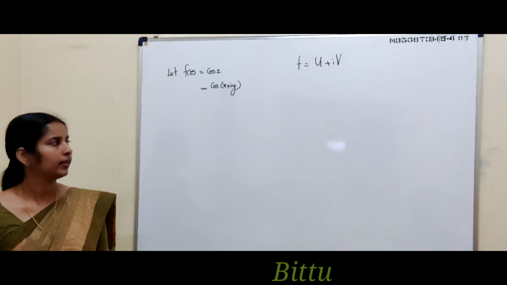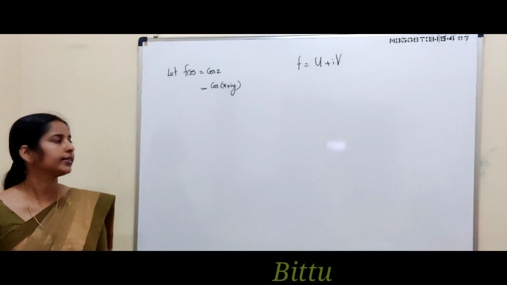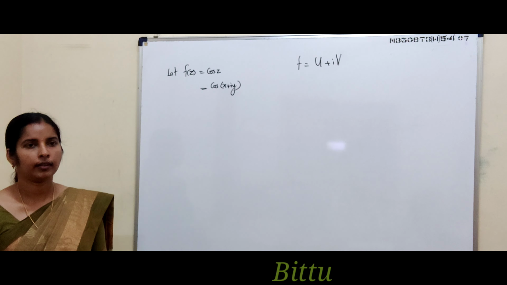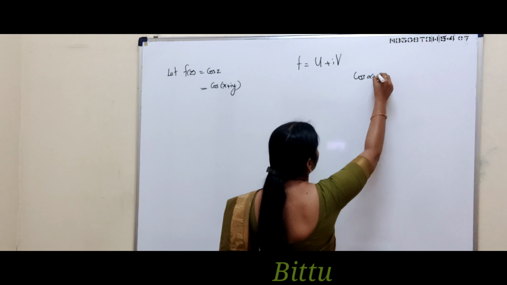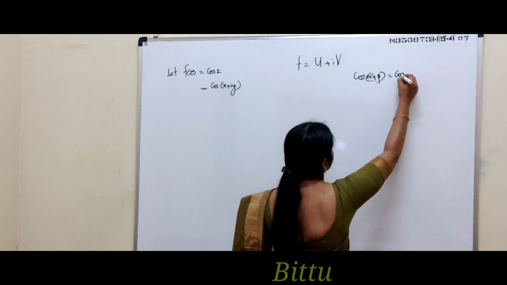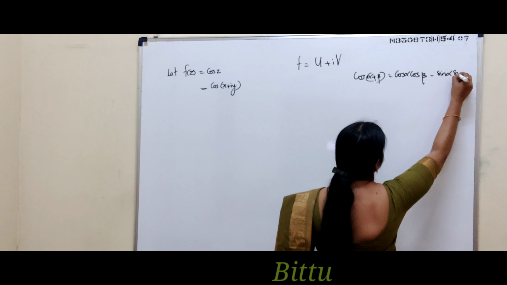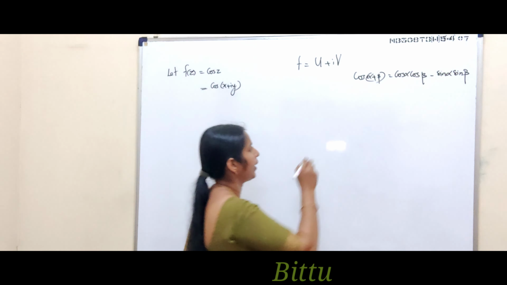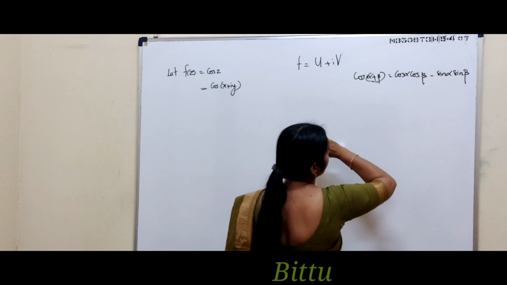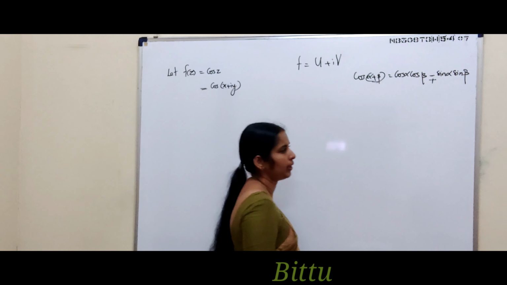For that, we have to expand cos(x plus iy) using the result for cos(alpha plus beta). What is cos(alpha plus beta)? Cos(alpha plus beta) is cos alpha cos beta minus sin alpha sin beta. Also, you have to remember that cos(alpha minus beta) is cos alpha cos beta plus sin alpha sin beta.